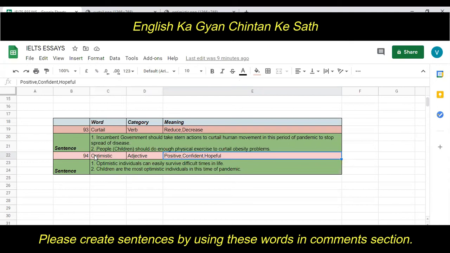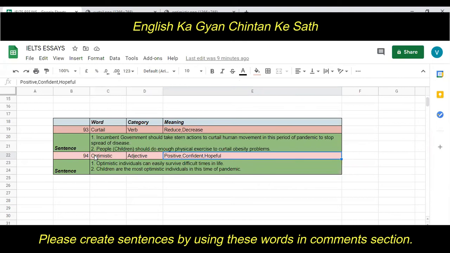When any individual is quite hopeful about his or her future, or about any possibility, then that particular individual can be considered as optimistic, or that particular thing can be considered as optimistic. In Hindi, I would say, जब कोई इंसान बहुत ही आशावादी होता है, that can be considered as optimistic, right?